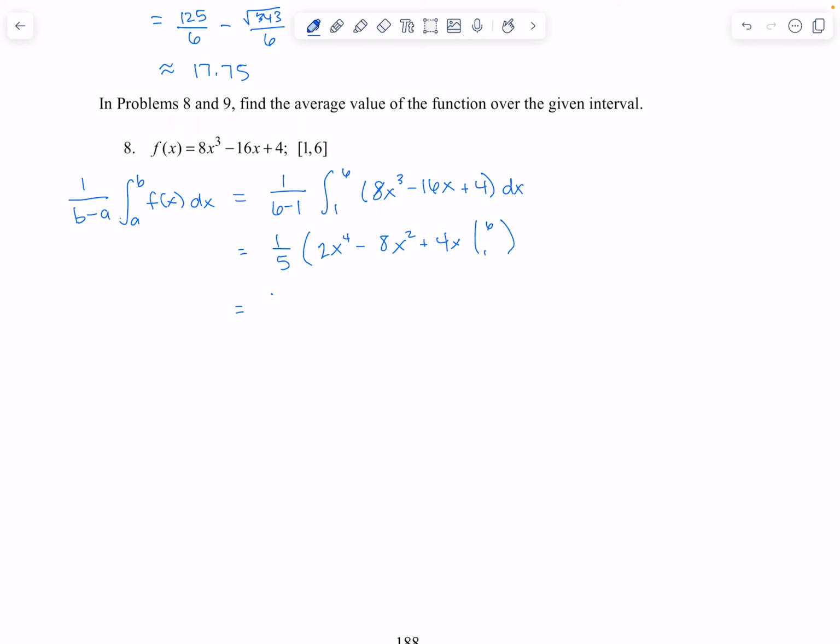Plugging those in, we'll have 1/5 times 2 times 6 to the 4th minus 8 times 6 squared plus 4 times 6, minus 2 times 1 to the 4th minus 8 times 1 squared plus 4 times 1.